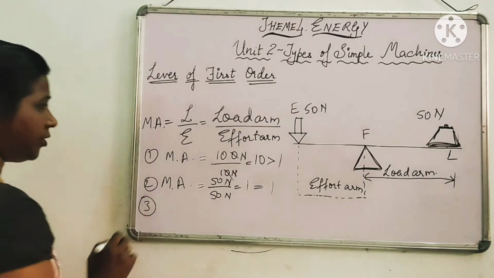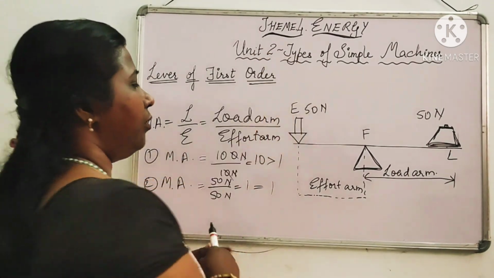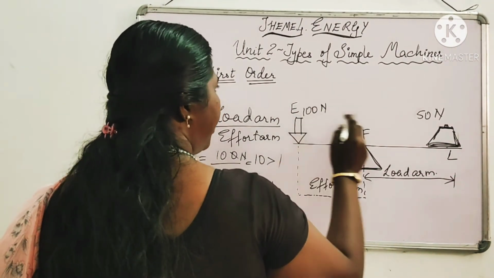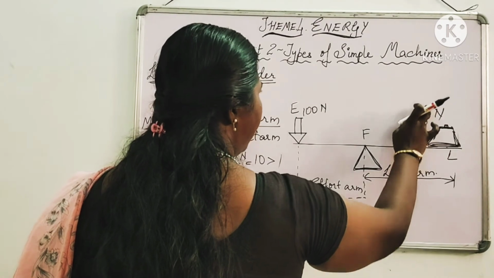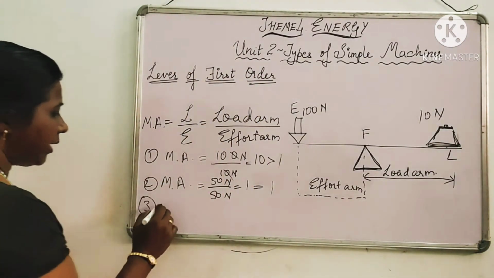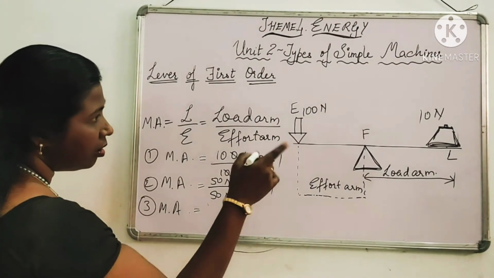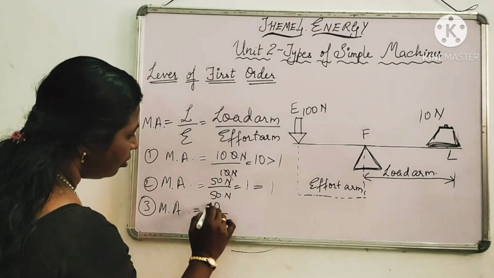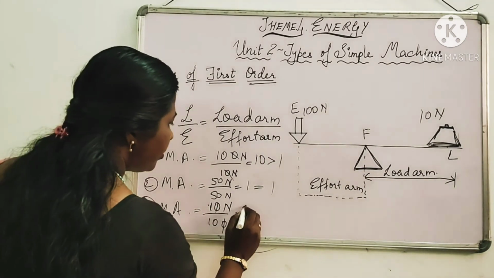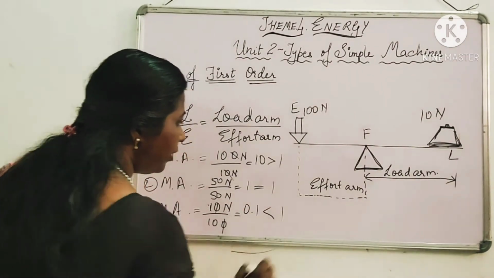Now in the third case, if I am giving the effort more, if I am giving 100 here and giving 10 here, then what happens? Now see, what will be the mechanical advantage? It will be 10 Newton upon 100, so that means it will be 0.1. So it is smaller than 1.